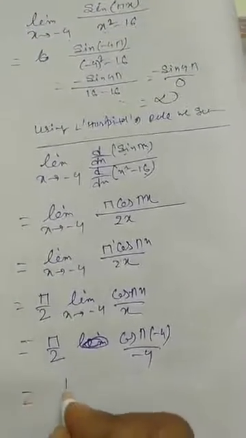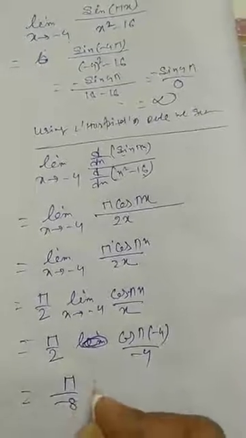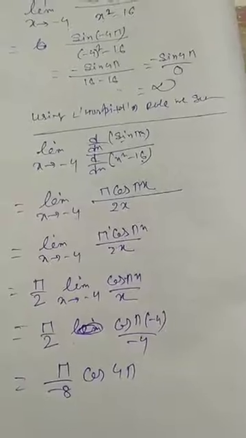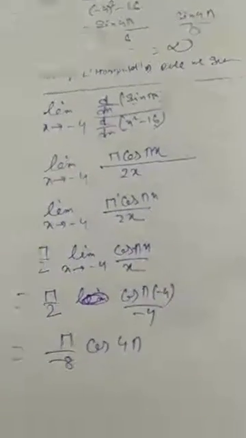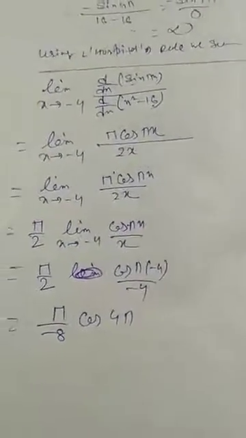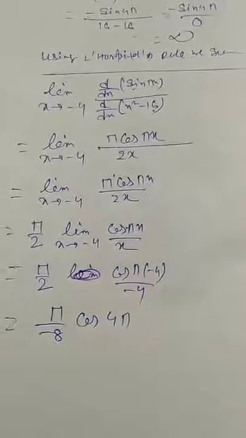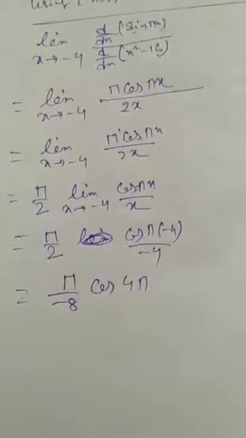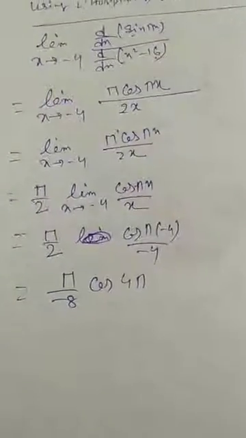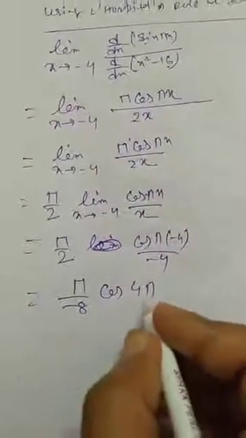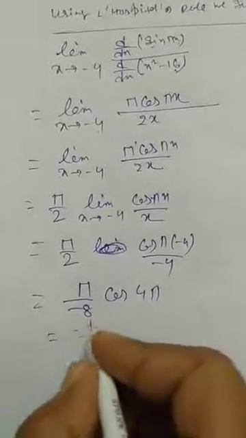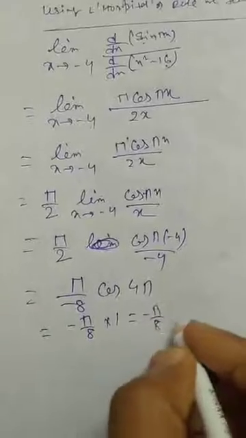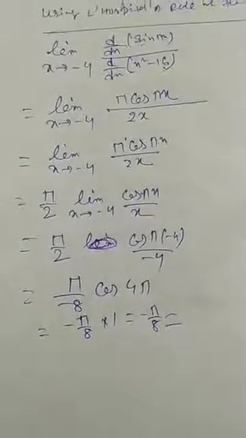So it is equal to pi by minus 8 cos 4 pi. So what is the value of cos 4 pi? We know that cos of even multiples of pi is always 1 and odd multiples of pi is always minus 1. So 4 is an even number. So we write minus pi by 8 into 1, which is equal to minus pi by 8. This is the answer.